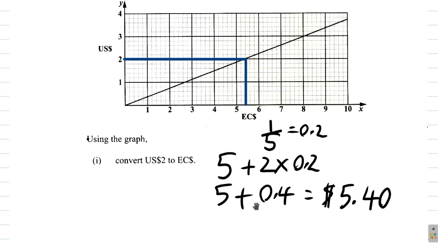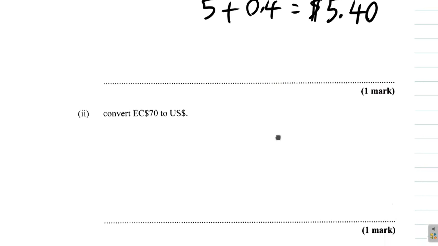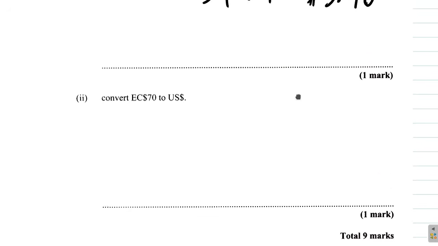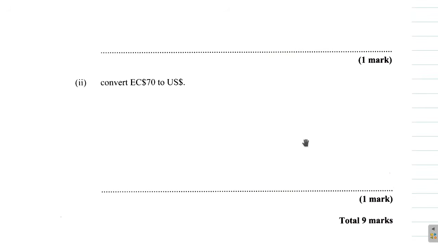Now, let's look at the next part. They say convert 70 Eastern Caribbean dollars to US dollars. And this will be the end of question 1 because they have a total of 9 marks.